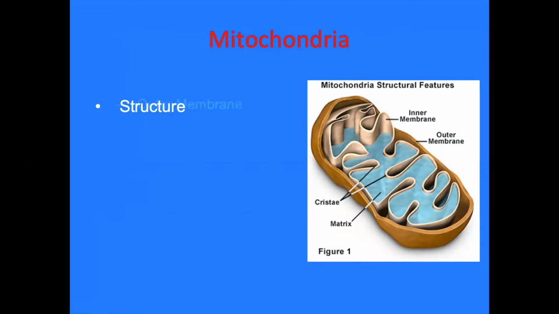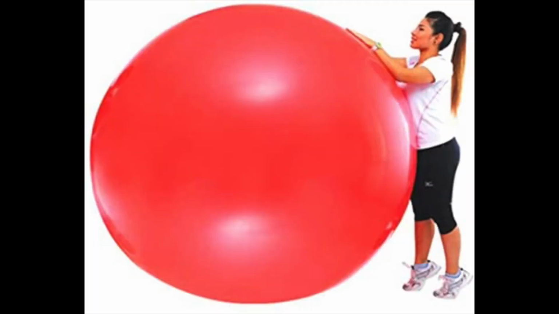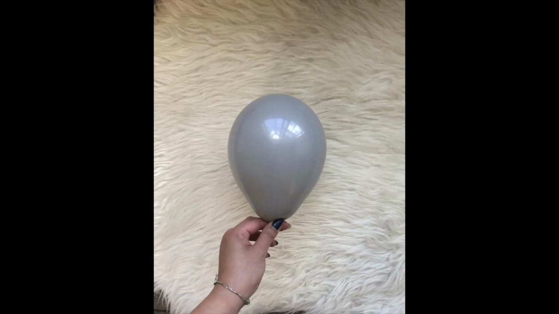Right? It has an outer membrane and an inner membrane. You may remember I said last video that all the really important organelles have 2 membranes, right? That's just a good hint of how relevant it's going to be. And weird thing, the inner membrane is actually bigger than the outer membrane. It's like you took a really big balloon and stuffed it inside of a really small balloon.